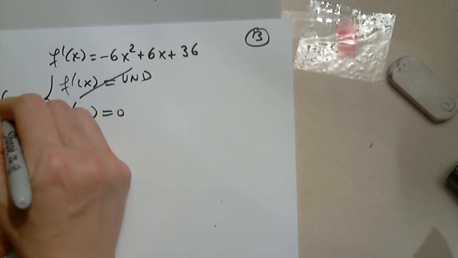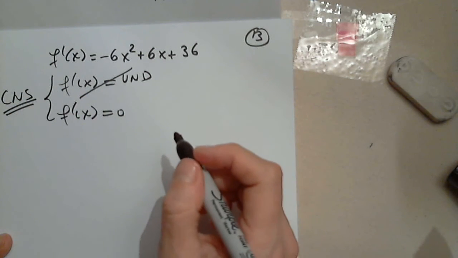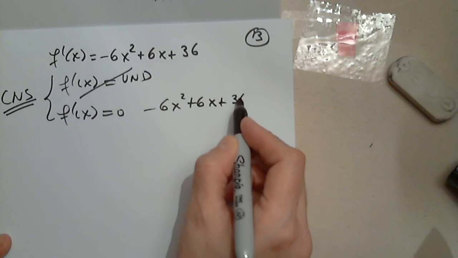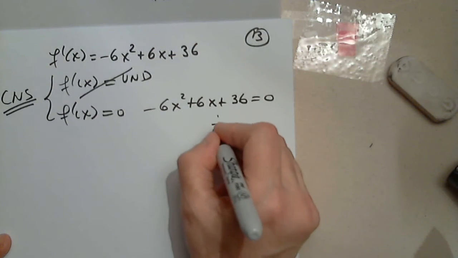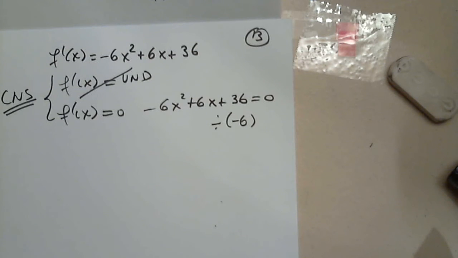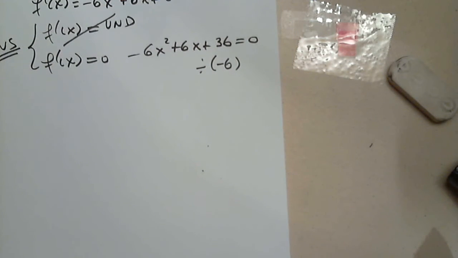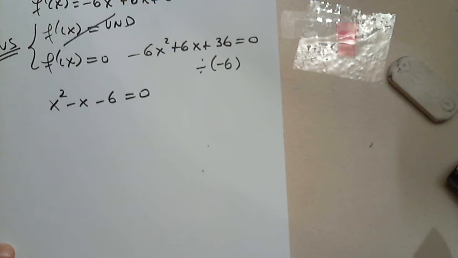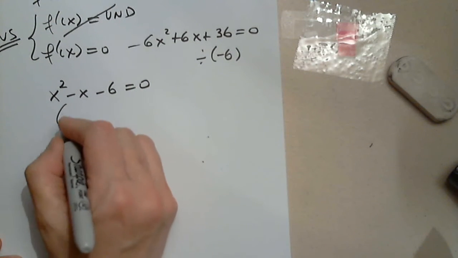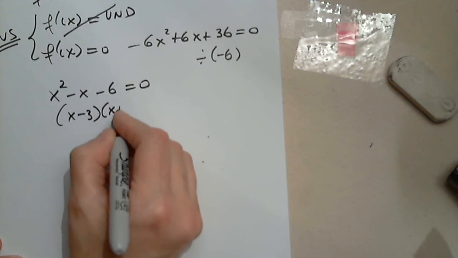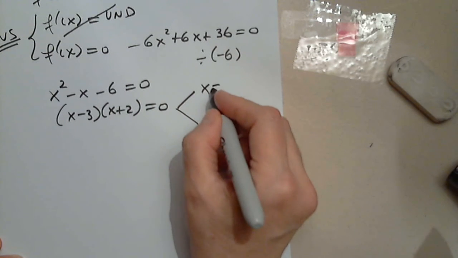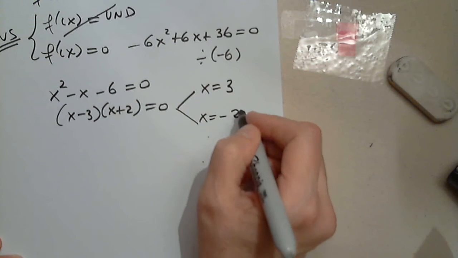So this is for critical numbers. And then negative 6x squared plus 6x plus 36 equals 0. Of course, I will simplify it as much as possible, dividing both sides by negative 6. I like this: x minus 3 times x plus 2. So we found two critical numbers, x equals 3 and x equals negative 2.